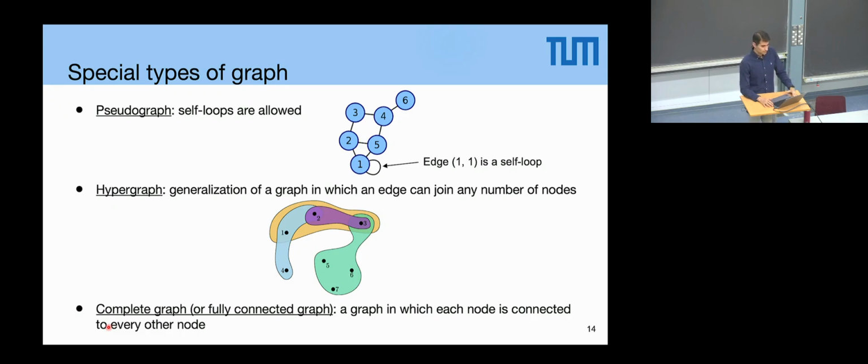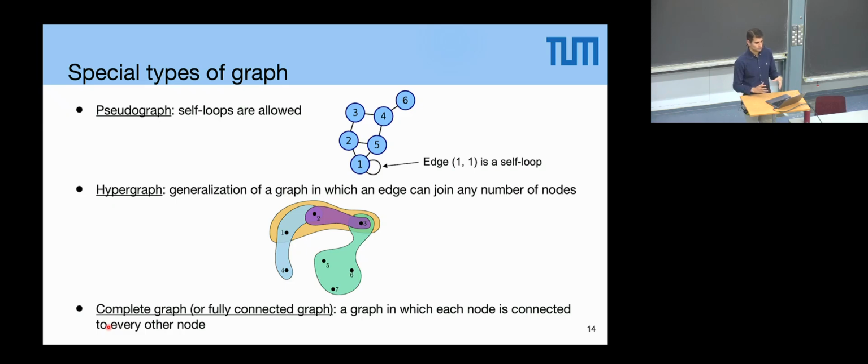And this kind of representation is quite expensive. Applying a graph neural network to a complete graph is very expensive because we have complexity that scales quadratically with the number of nodes.